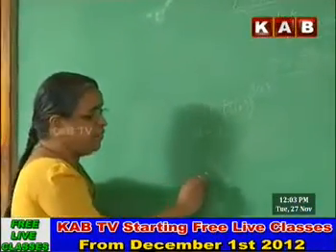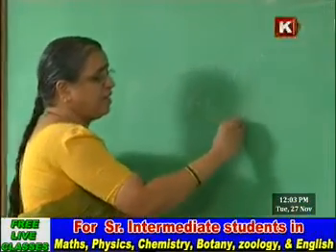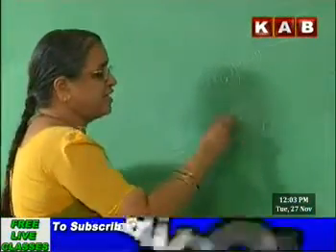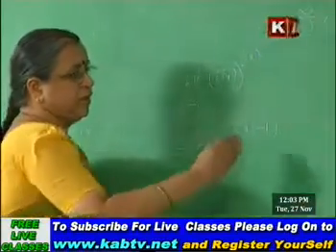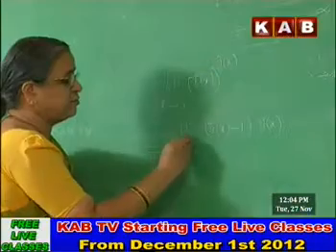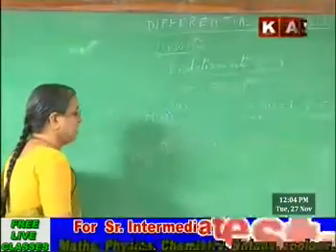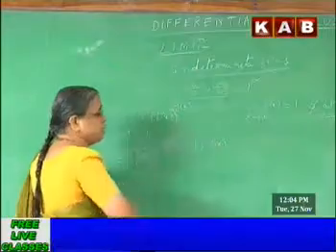Then what to do for this? You have to apply e power limit of (f(x) minus 1) into g(x) as x tends to a. Directly if you use this, then we will get the limit for this.